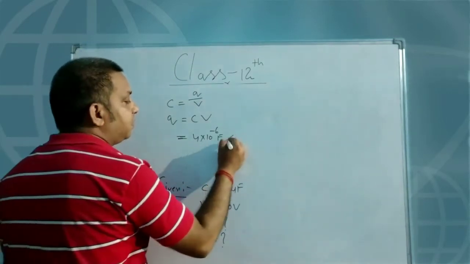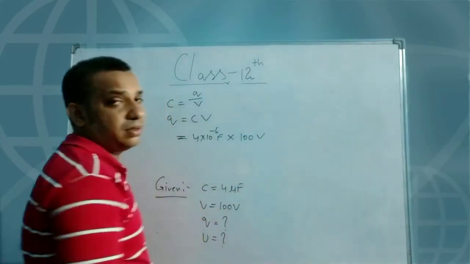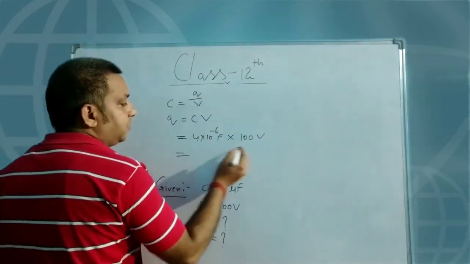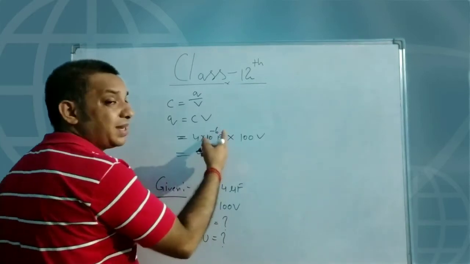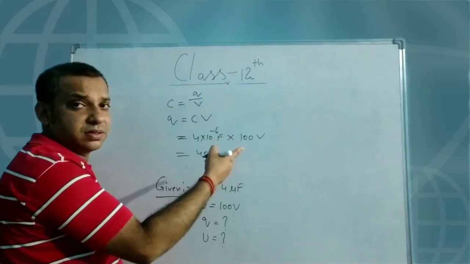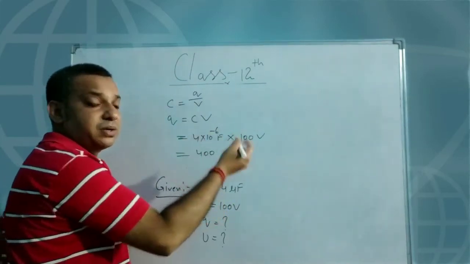And the value of the potential is 100 volt. Volt is already in the MKS system, so no need to convert it. When you multiply, you will get 400 into 10 to the power minus 6, and because it is a charge, you will get it in coulomb, the MKS unit. Because of the 10 to the power minus 6, I am writing it as microcoulomb.